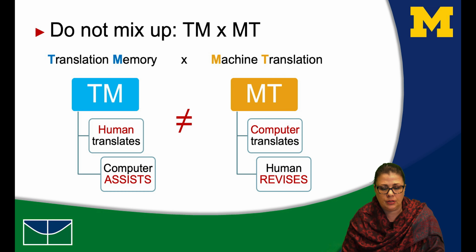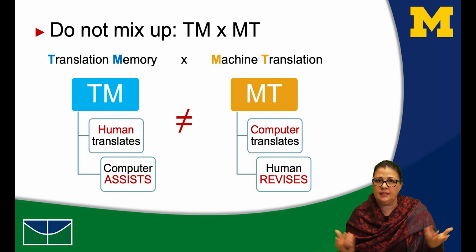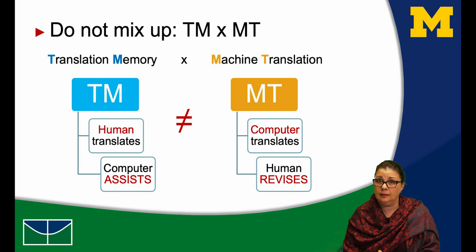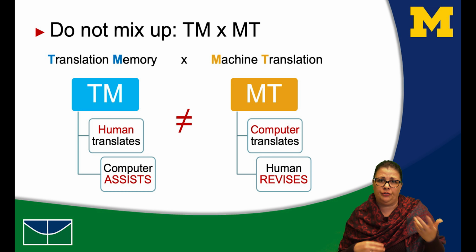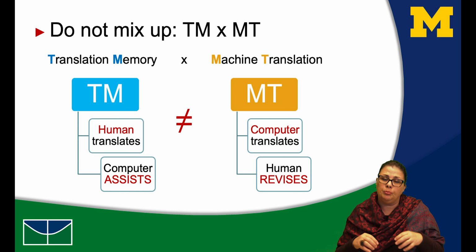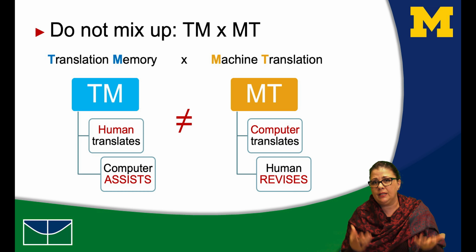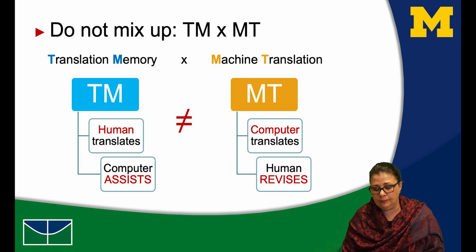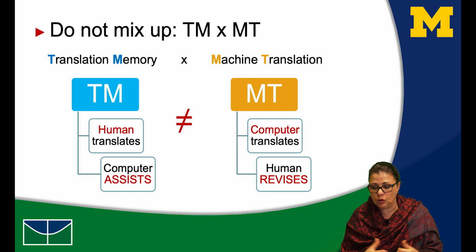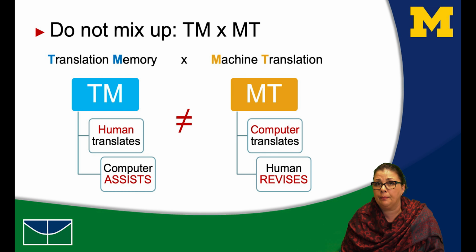Machine translation, on the other hand, is a computer doing the translation. And of course, it's based on human translations from several sources that they gather to train the computer. But nowadays, with artificial intelligence and all that, computers are actually making decisions about how to translate texts based on those translated documents that they have in their memory.